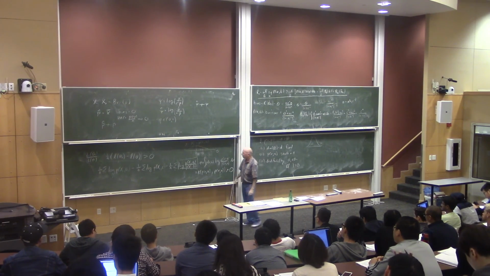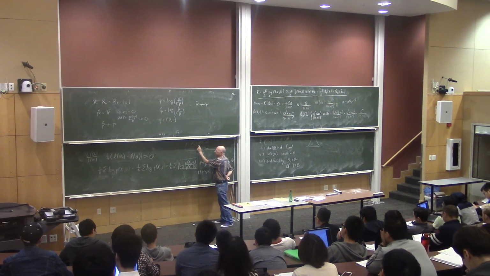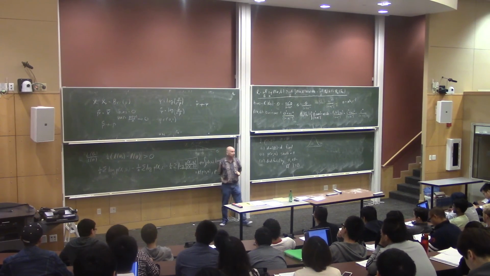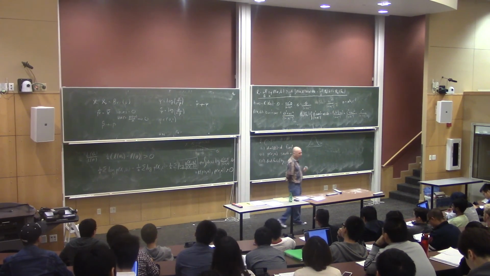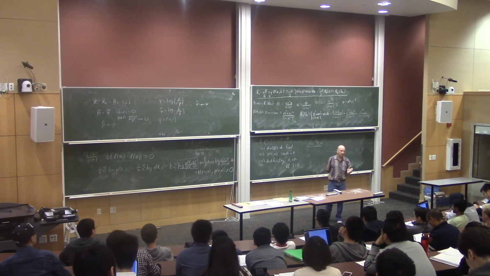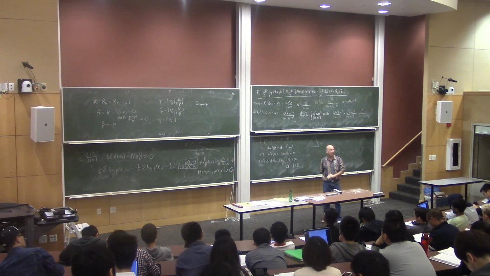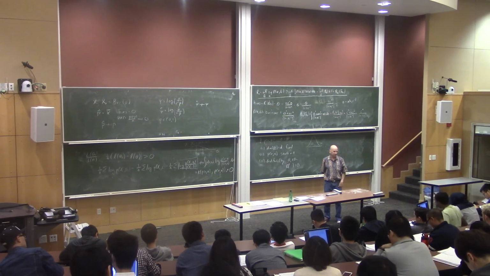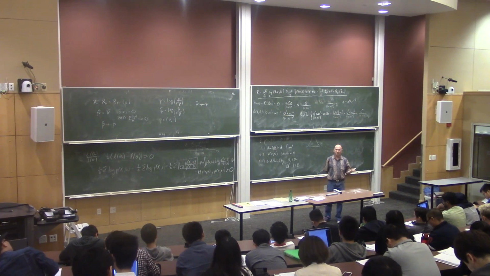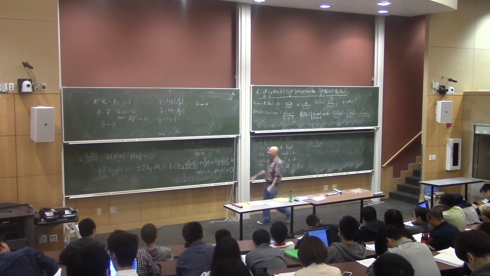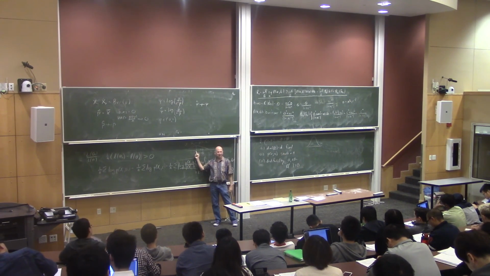So what is that telling us? It's saying that this divided by this is tending to something strictly bigger than 1. So that means that the likelihood of the true value is, as n gets bigger, always larger than the likelihood of some other arbitrary value. That suggests that the maximum should somehow be getting close to theta 0.